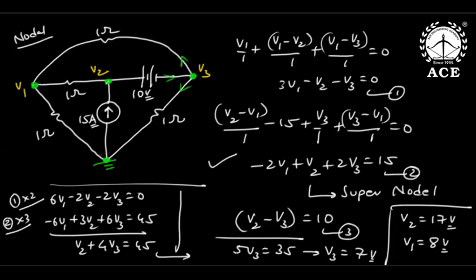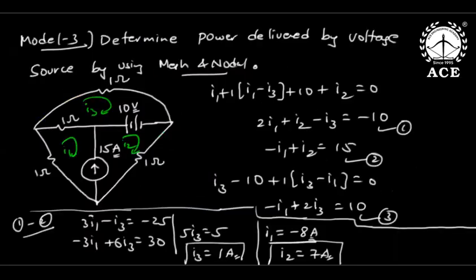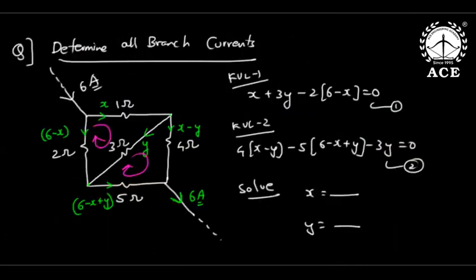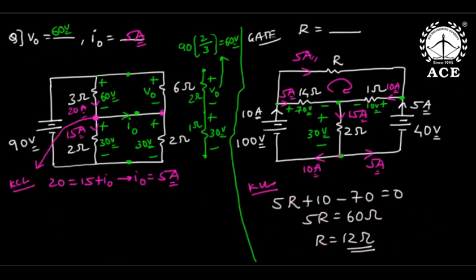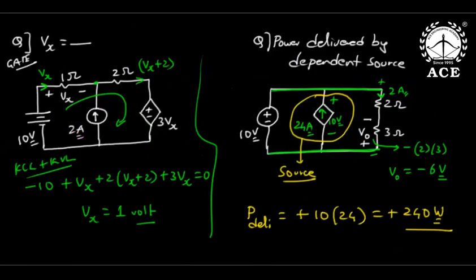Hello, sir. Today, starting at the fourth or fifth question, the middle is the current source and either side is a voltage source.